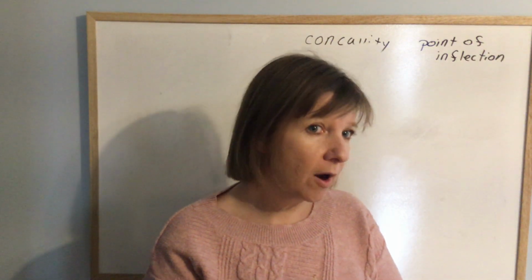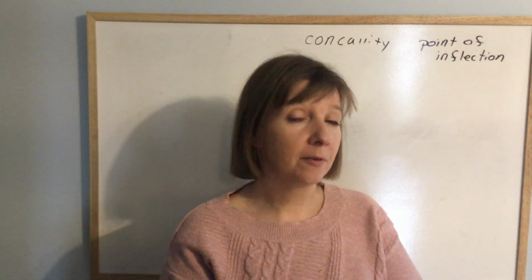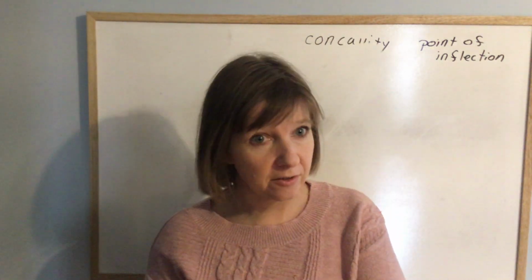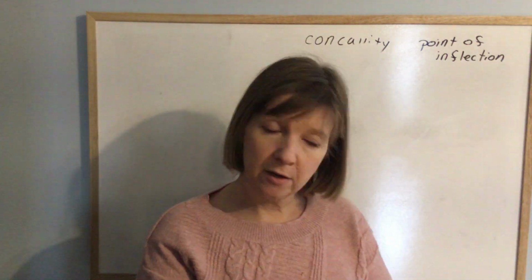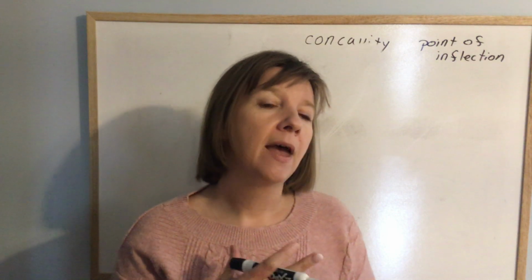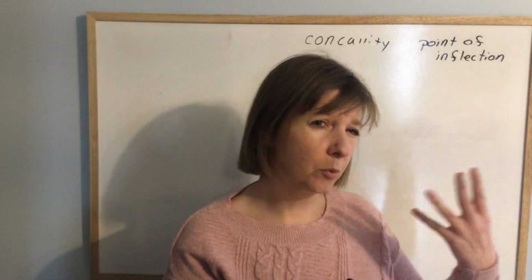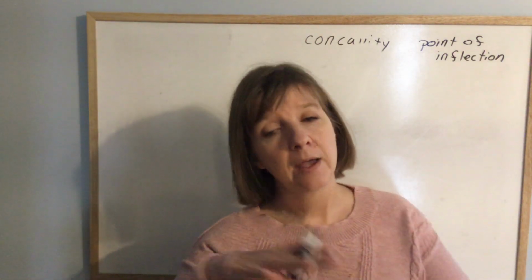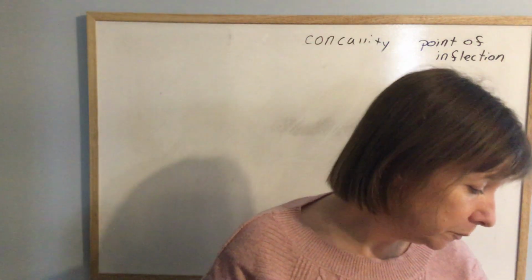To find where a graph is concave up or concave down, you do something very similar, but this time you take the second derivative, make it equal to 0, and do exactly the same thing. If a section turns out to be positive, that section is concave up, and if it turns out to be negative, it's concave down.